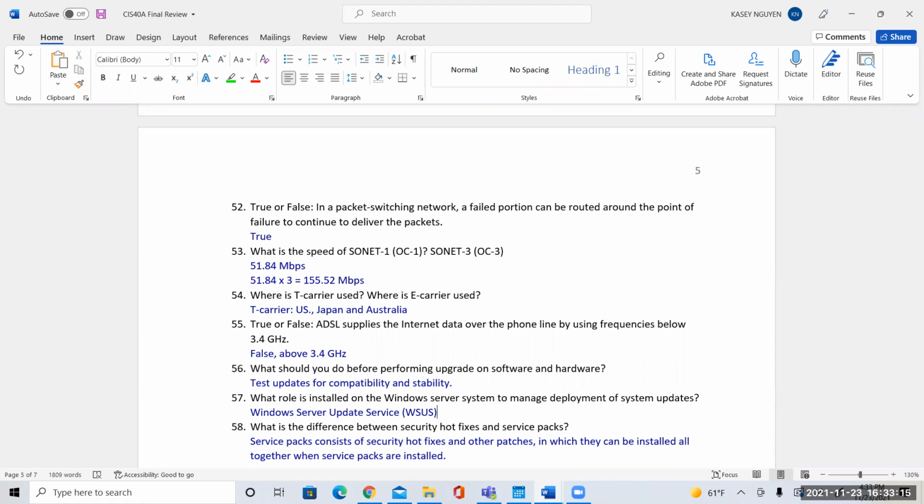58, what is the difference between security hotfixes and service packs? We learned that service packs consist of security hotfixes and other patches. In a service pack, we can install them all together. Microsoft is notorious for doing service packs.